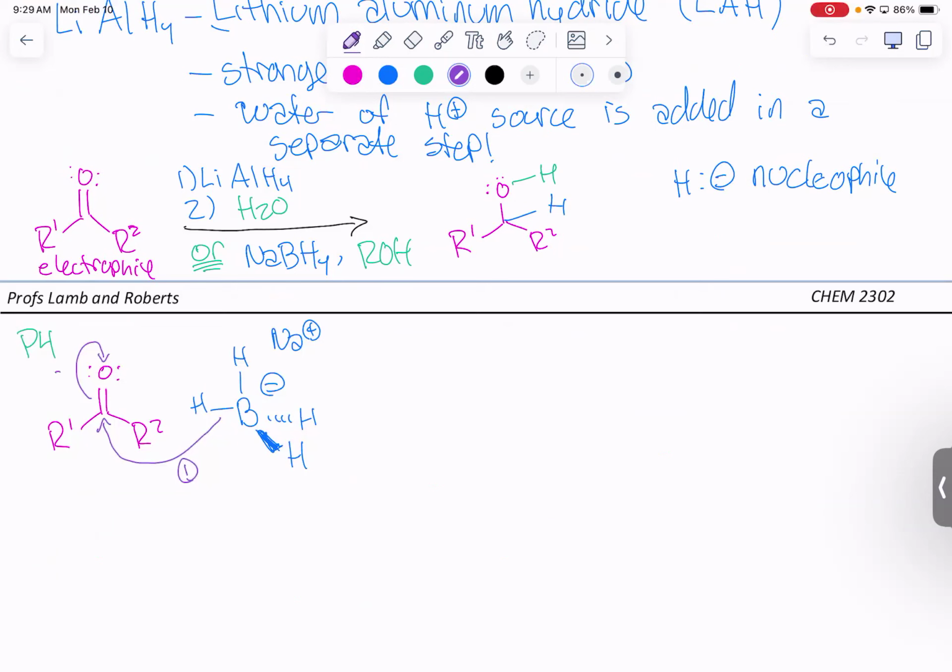All right, so that's step number 2. And then in a third step, because our boron has now lost a bond to it, it's a good Lewis acid, and actually one of the lone pairs on oxygen comes and attacks boron. But it has to happen in this sequence of steps.